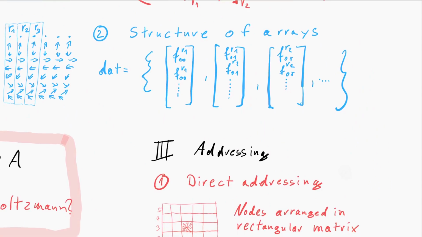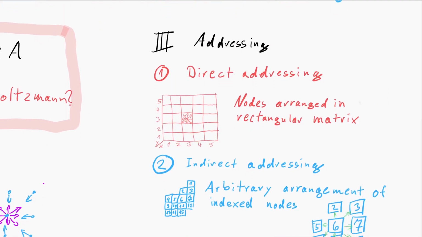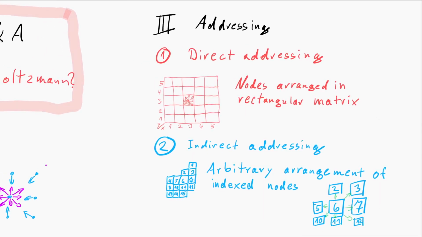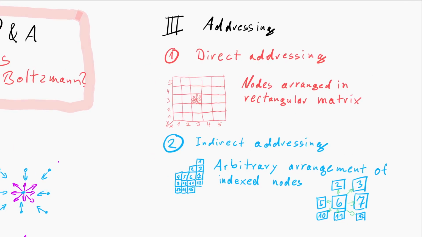Okay, now there are also different ways of addressing your information, and the two important ones here are, of course, direct addressing and indirect addressing. So direct addressing means you store all your nodes, or this can also be done by storing populations, by associating each node with its coordinates in a rectangular matrix.